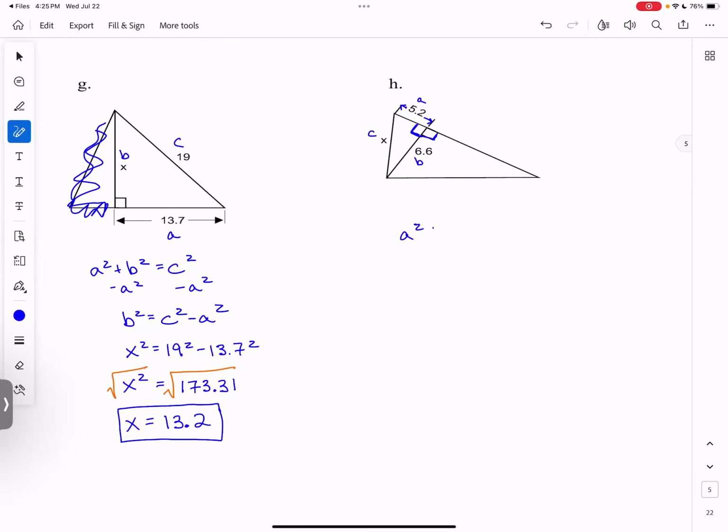A squared plus b squared equals c squared. And I'm trying to solve for c. So 5.2 squared plus 6.6 squared equals my hypotenuse, which is my x squared.